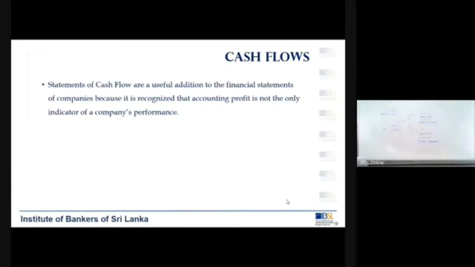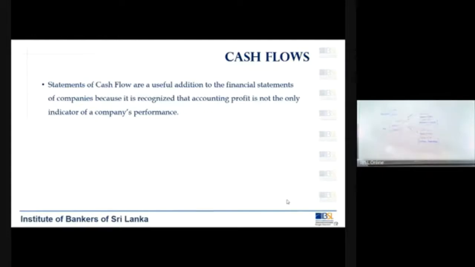Statements of cash flow are a useful addition to the financial statements of companies because it is recognized that accounting profit is not the only indicator of a company's performance. I already explained. When you look at a statement of comprehensive income, you get the profit or loss. Then in the statement of financial position, you get the assets and liabilities.